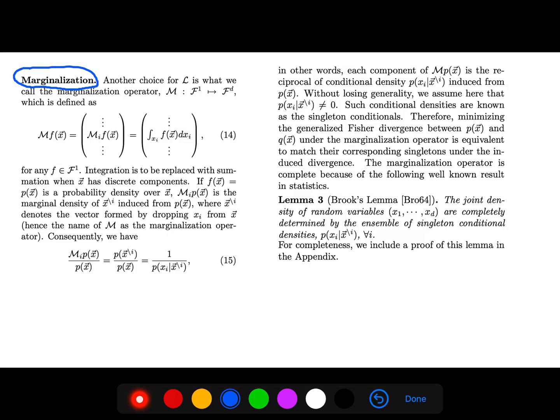Marginalization is very general. Of course, we can think of something more general than this, but marginalization is very general. Integration is replaced with summation when X has discrete components, like in language or graphs, where everything is discrete, so we don't integrate but sum.